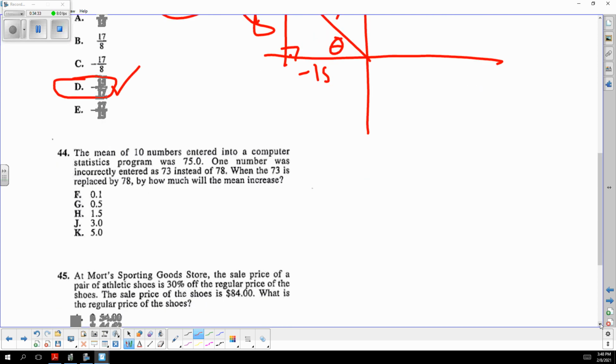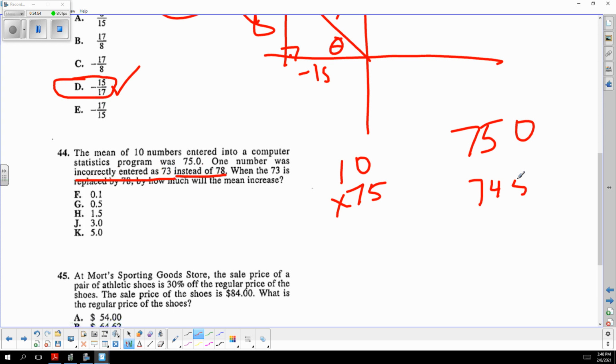Average is total. So the average of 10 numbers is 75. If you multiply them, you get 750. Then I notice that I entered incorrectly 73, so didn't I lose 5? So the total was really 745 divided by 10, which is an average of 74.5.